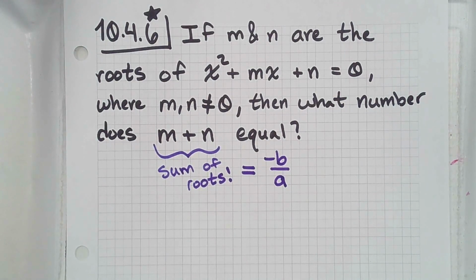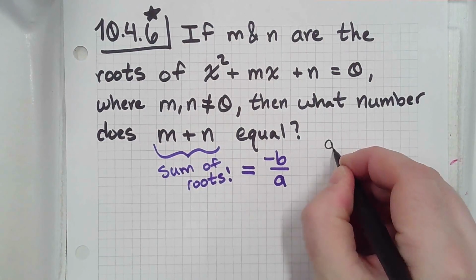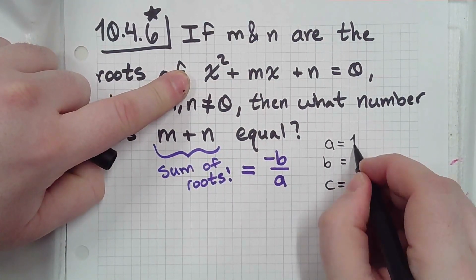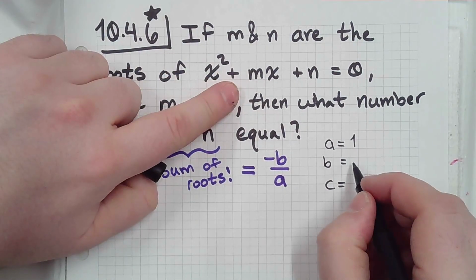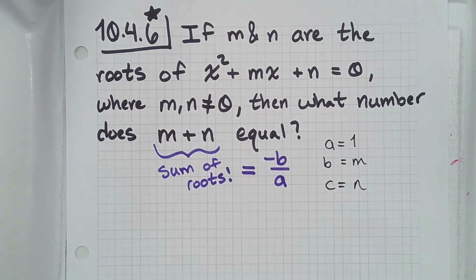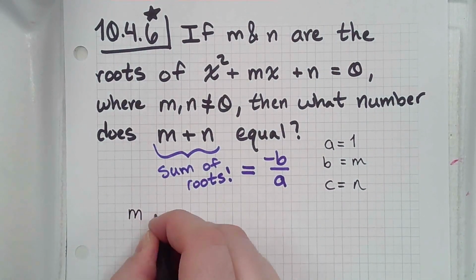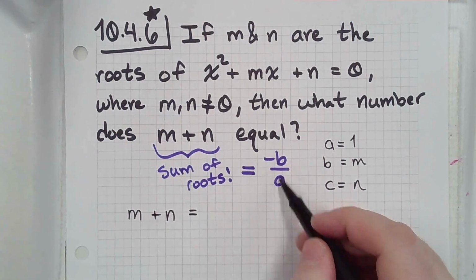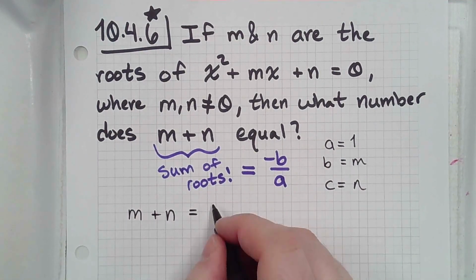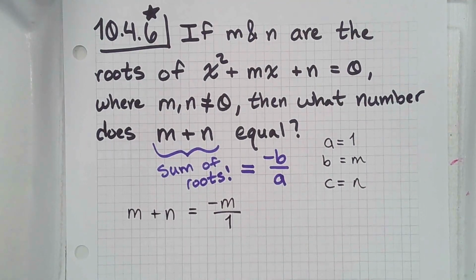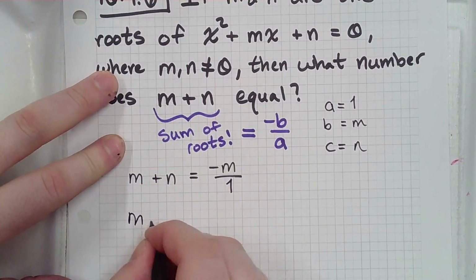And, of course, from our original equation right here, a is 1, b is m, and c is n. So apparently, m plus n, sum of our roots, will equal negative b over a. Well, that's just negative m over a, which is 1. Well, that means we get this.